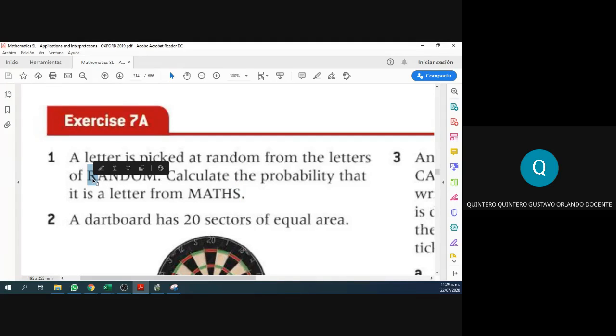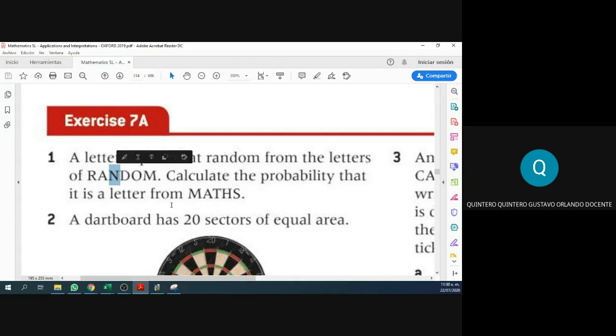Is the R a successful letter for us or not? No, it's not. Thank you to all of you who are moving your heads. It is not a successful letter because it doesn't appear in the word maths. All right, let's think about A. Is A a successful letter? Okay, cool. So we have 1 success so far. Let's think about the rest.